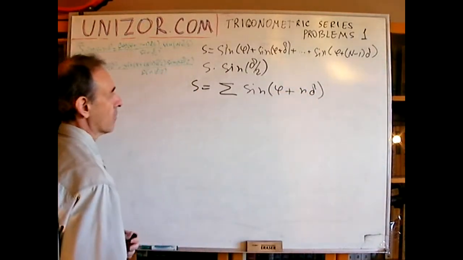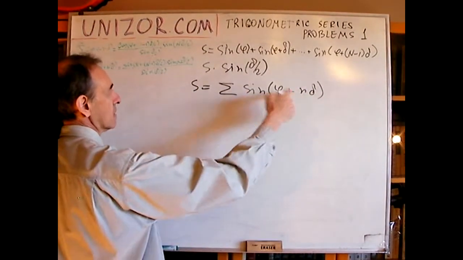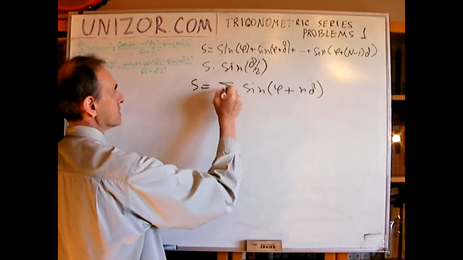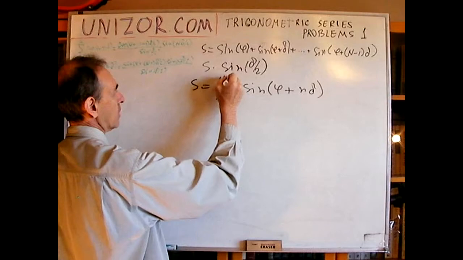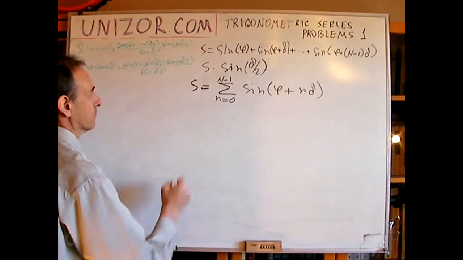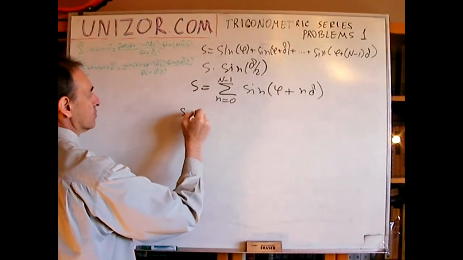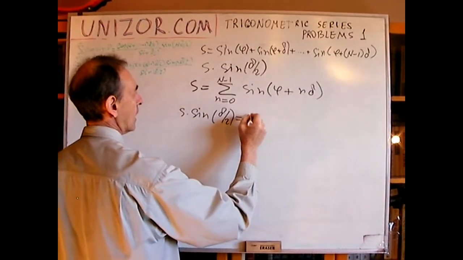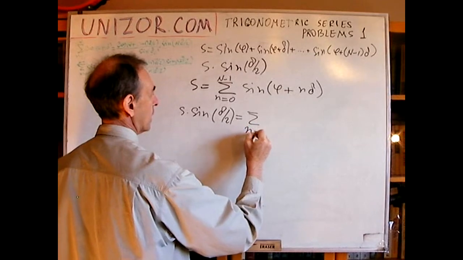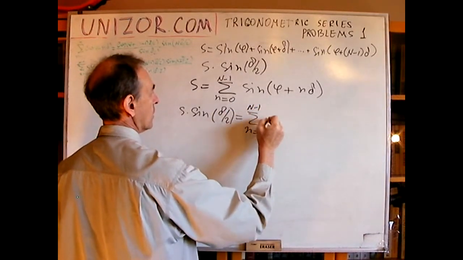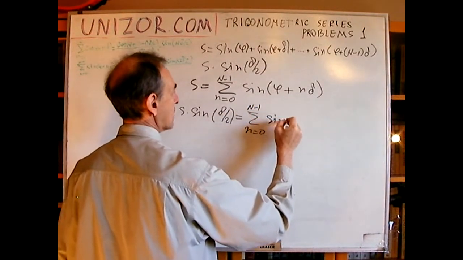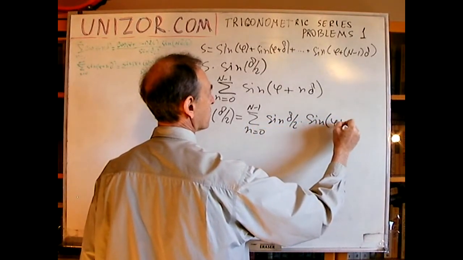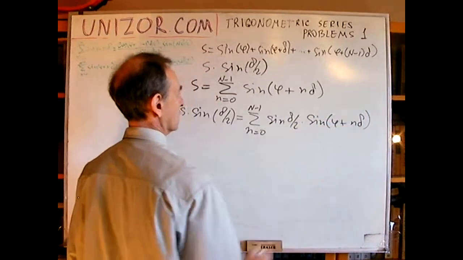The common member of this series is this, where n from 0 to capital N minus 1. All right? So, if I will multiply it by sine of delta over 2, I will have sigma from n equal to 0 to N minus 1, sine of delta over 2 times sine of phi plus n delta. That's what I will have, right?